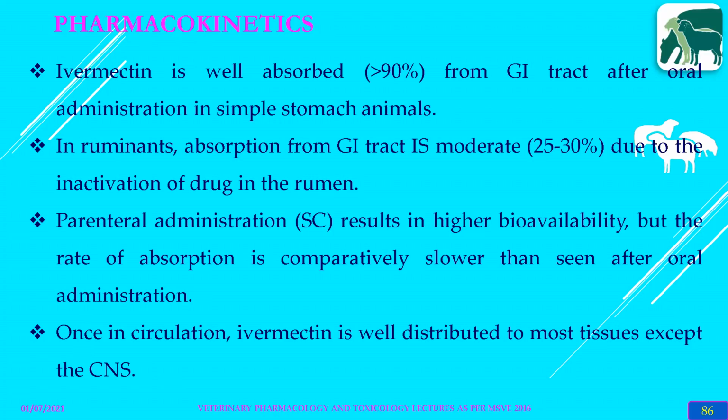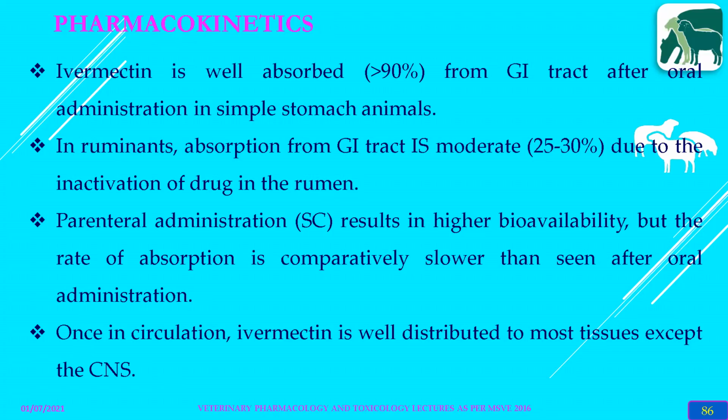Then once in circulation, ivermectin is well distributed to most of the tissues except the CNS, the central nervous system. In the central nervous system, the GABA-mediated chloride channels are there. Because it does not pass through the blood-brain barrier, it does not have mammalian toxicity.